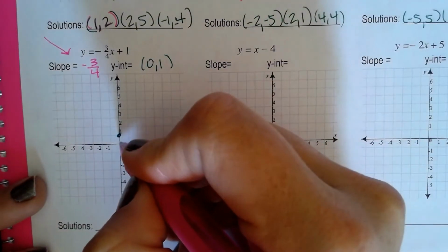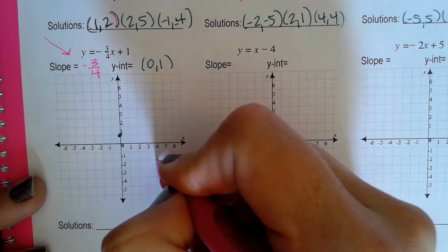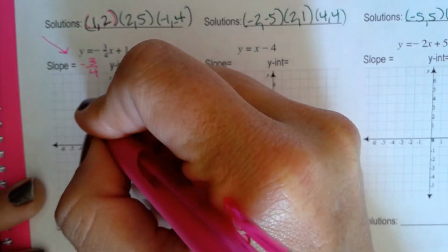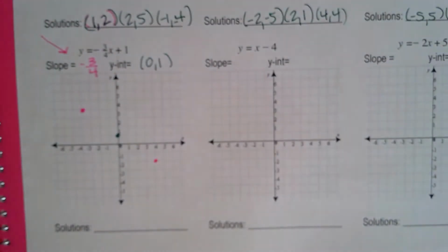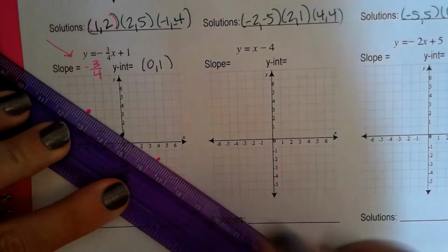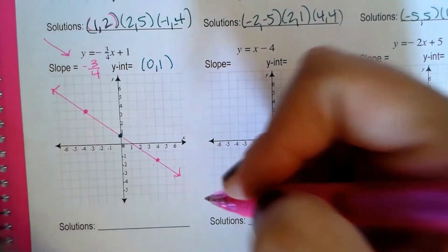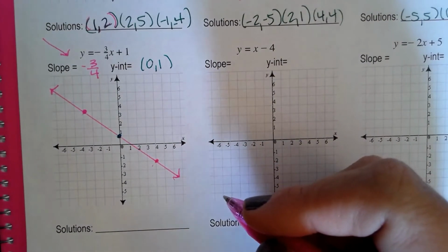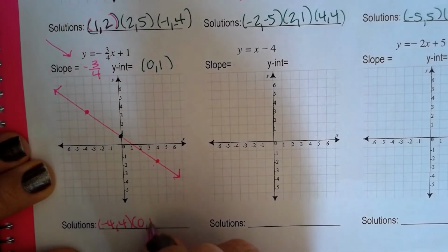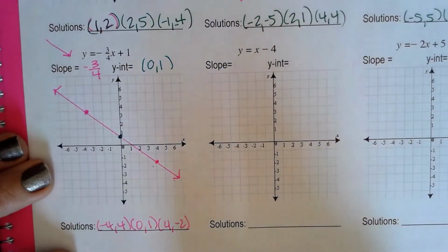And then it's going down 1, 2, 3 over 1, 2, 3, 4, or up 1, 2, 3 over 1, 2, 3, 4. And that looks like it's decreasing from left to right. My ordered pairs would be at -4, 4, 0, 1, and 4, -2.